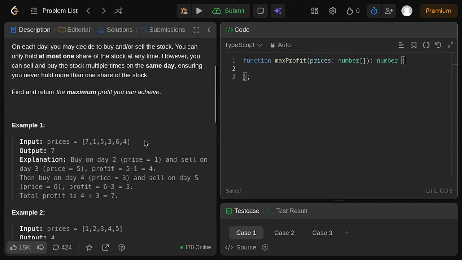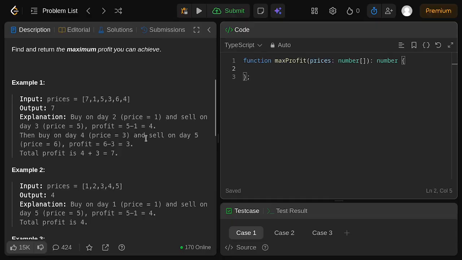For example 1, we have 7, 1, 5, 3, 6, and 4, and the output is 7. Why? Because we buy on day 2, which is 1, the lowest price possible, rather than day 1, which is 7, which is expensive.